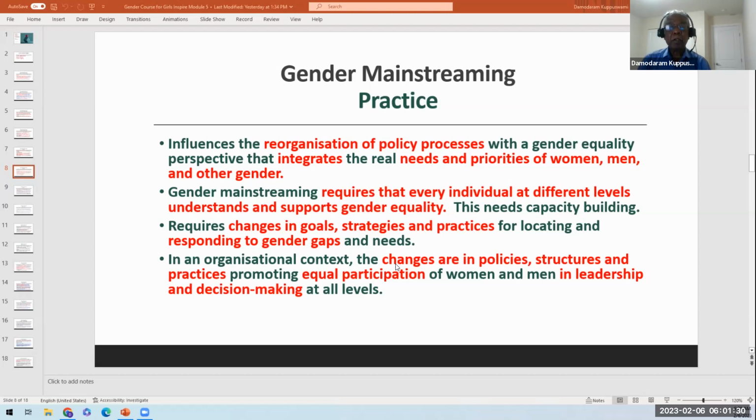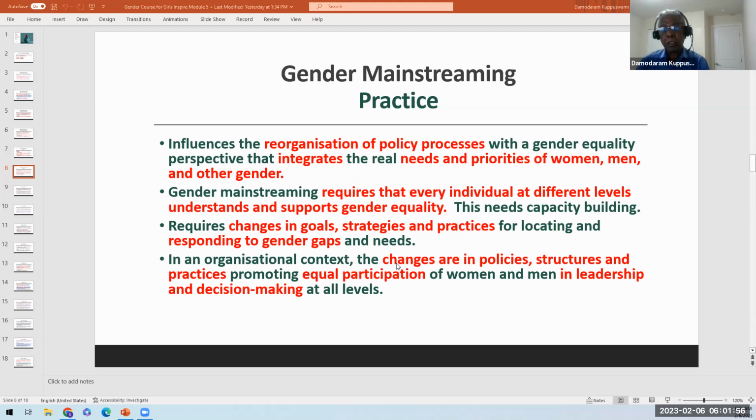The other thing we need when we are saying gender mainstreaming is that, although it is essential that it is driven by top leadership, the scope and the need of gender mainstreaming need to be understood and internalized by all people across all levels.